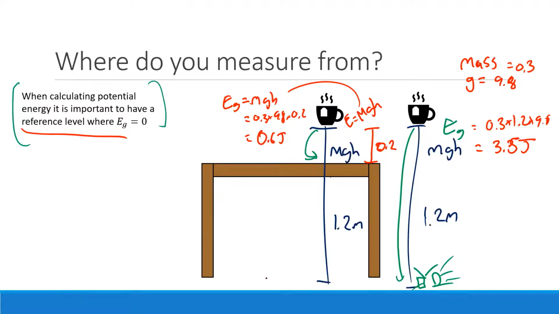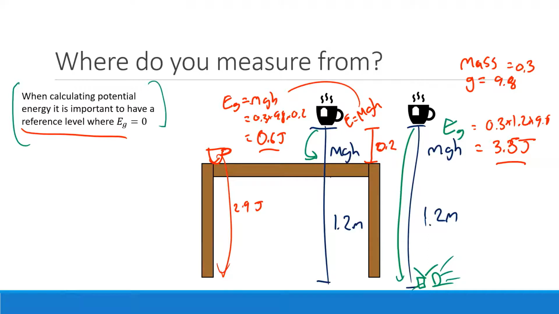So if you look at that, 0.6 joules versus 3.5. And let's just say that mug hits the table. That doesn't mean that mug has zero potential energy, it still has potential energy. It still has about 2.9 joules worth of energy if you take the reference point as the ground.